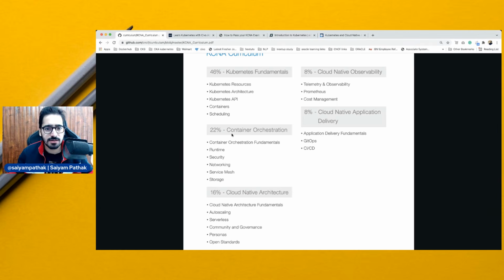Then you have container orchestration. What are the different container runtimes out there, and how they are used, not in terms of technicality, but at least the definitions, which container runtime is following the OCI spec, and all those stuff. Then obviously you should know what a CSI is, what a CNI is, what a container runtime interface is, all the interfaces, the service mesh interface, and then networking, how container networking is working, service mesh terminologies.